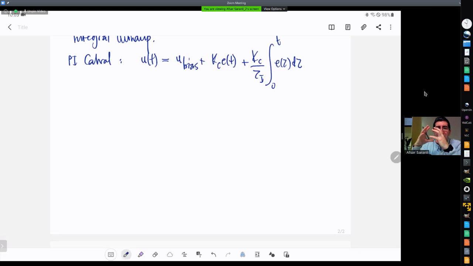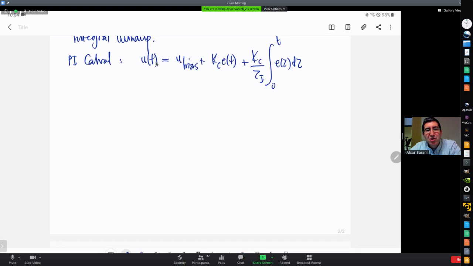Okay? So that's going to have an effect when the reference input changes. Let's say the reference input was desiring a certain torque, but then the reference input changes sign, and you no longer need that torque. You need to diminish the required torque. So the error becomes negative, but unfortunately your input will not change, it will stay constant because of this large term.